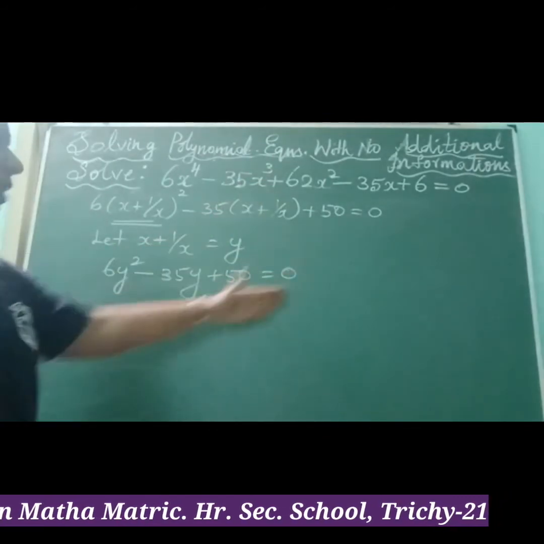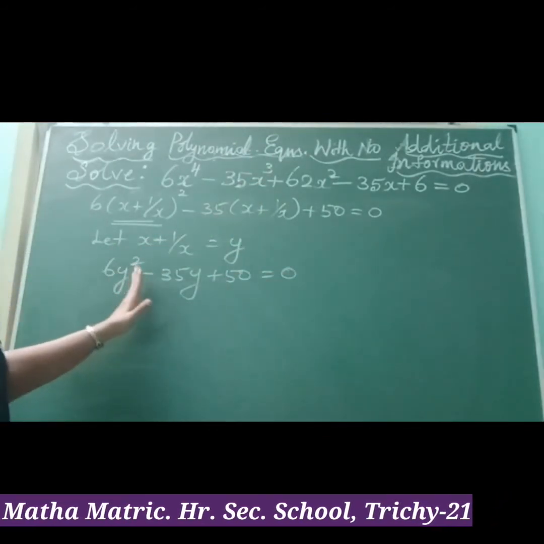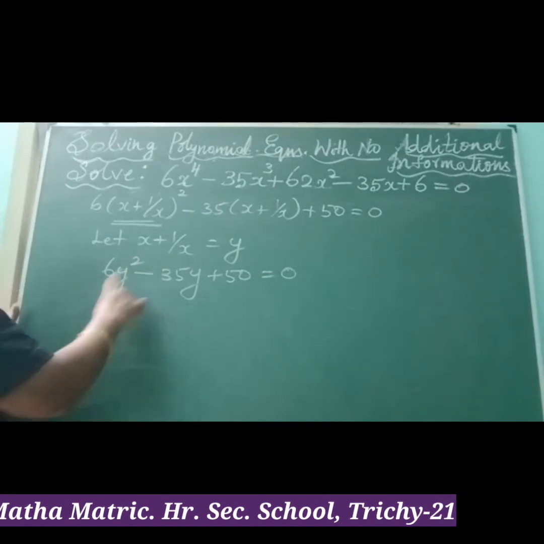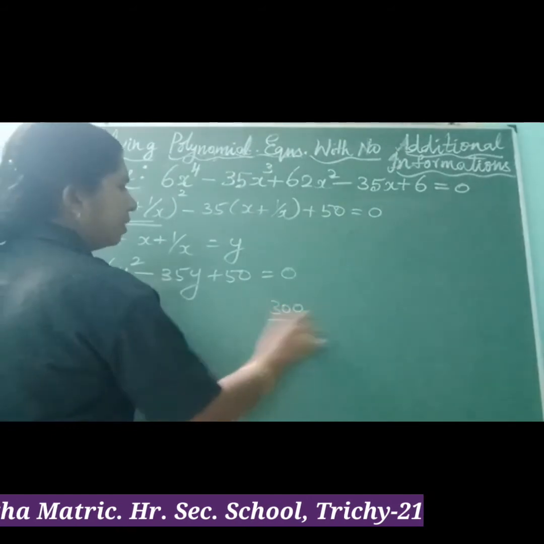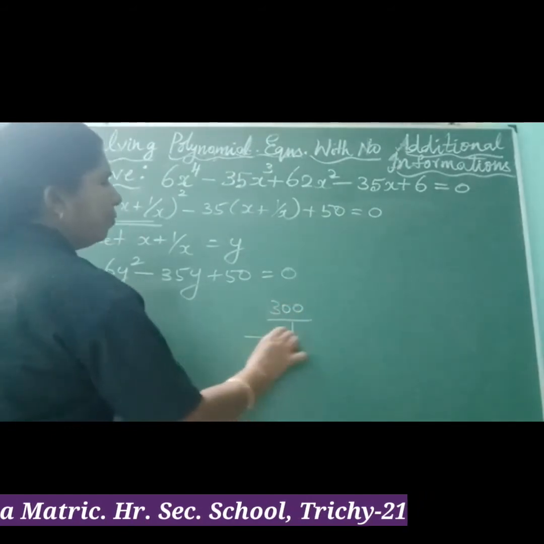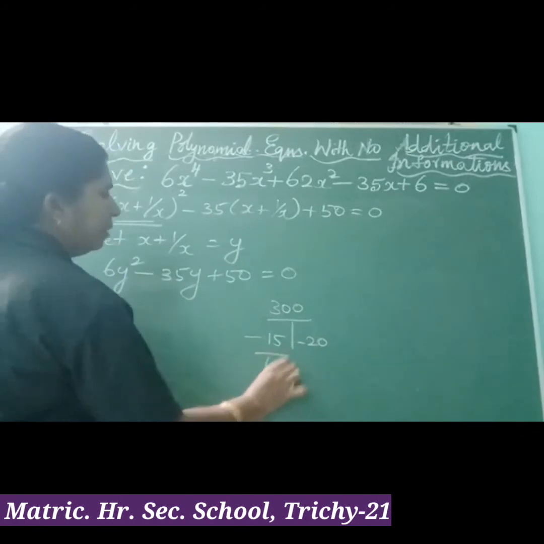Now we have reduced this equation to a quadratic form. You know how to solve this quadratic equation. 6 into 50 is 300, so the product is 300, and we split minus 35 as minus 15 minus 20, divided by 6y.